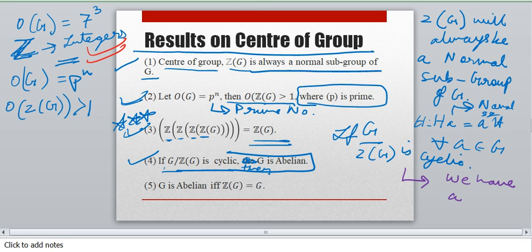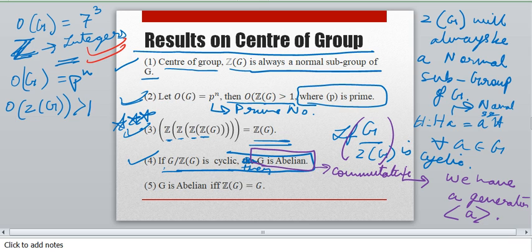We have a generator, say a, that is generating this G by Z(G). Then of course G has to be abelian. G has to follow the commutative property. Did you understand? Okay.